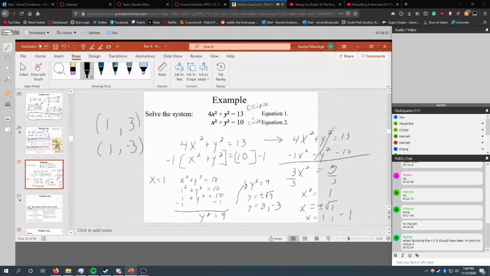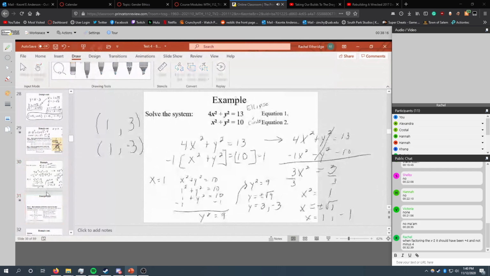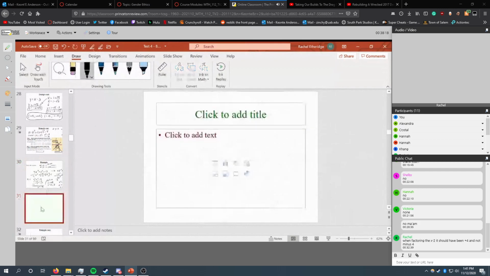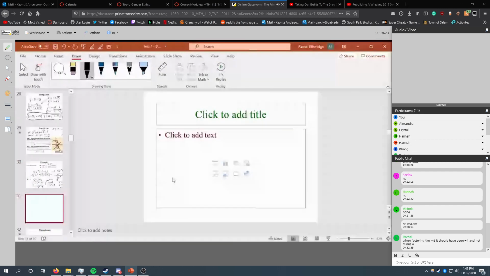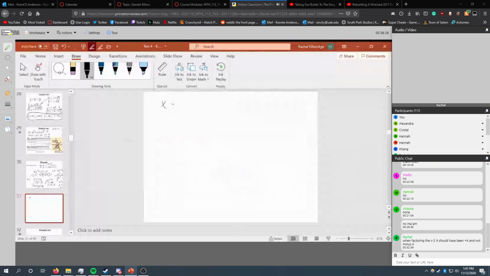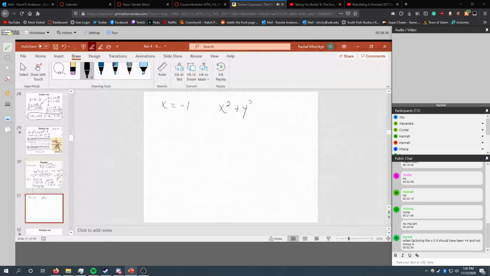But I'm going to go to the next page because now I need to use x equals -1. So I have x squared plus y squared equals 10. I just like to choose the easier one to plug into.